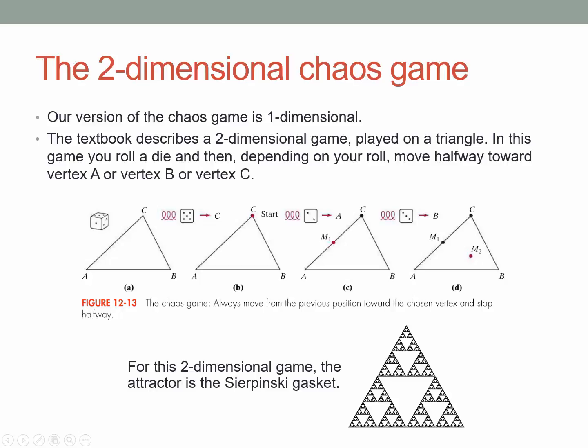Now, what will you get if you play this game? Well, in a very similar way to getting the Cantor set in the other game, the one-dimensional game, here you're getting the Sierpinski gasket. That is to say, as you play this game, you find yourself getting closer and closer and closer to being in the Sierpinski gasket. We say that the Sierpinski gasket is the strange attractor for the two-dimensional chaos game.